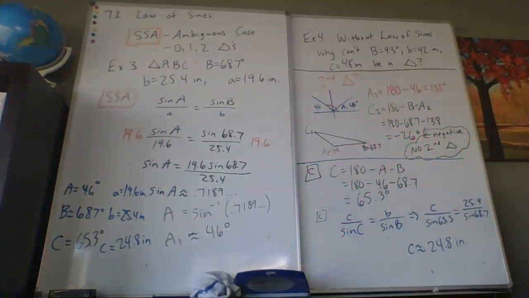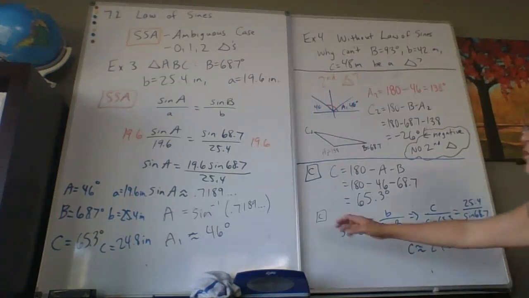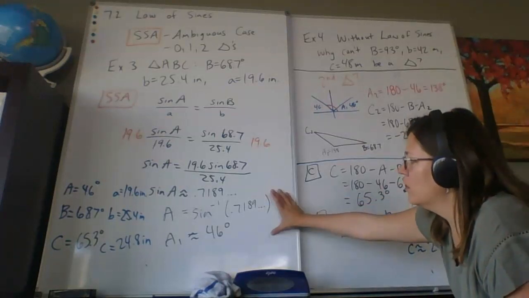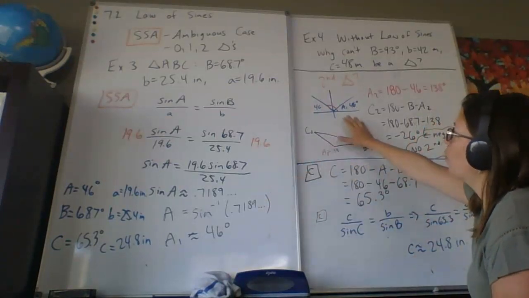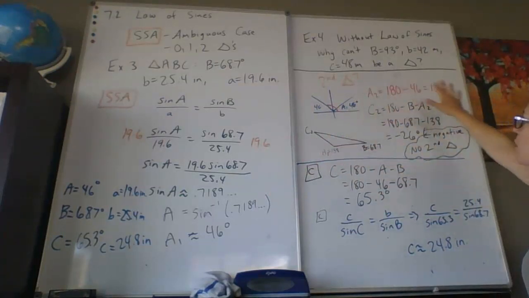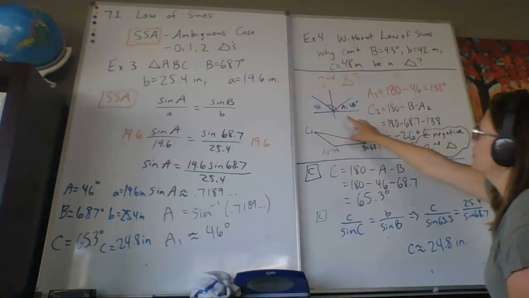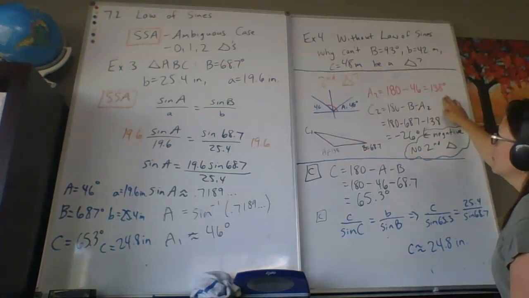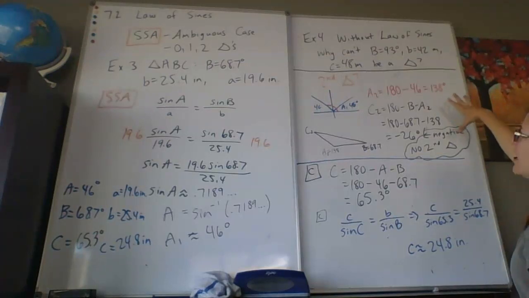To sum this up, because we had an SSA triangle, meaning that we were given two sides and an angle that was not the angle between them, once we find this first angle, we have to see if there's a corresponding angle in quadrant 2 that might work. The way we can see that is first we calculate that angle, and then we try to find the third angle in this new triangle.